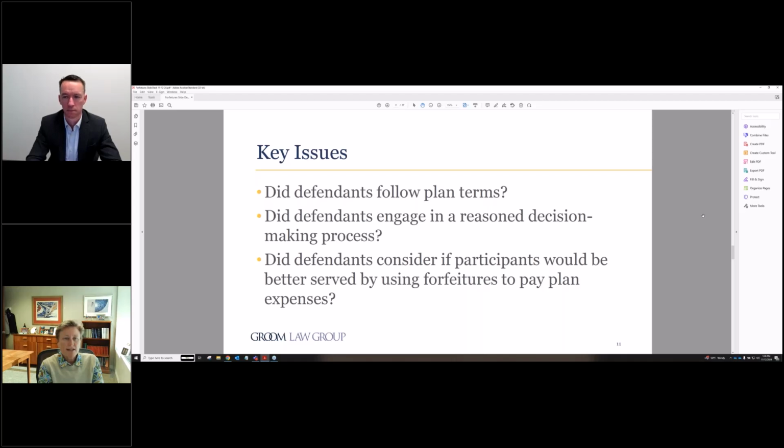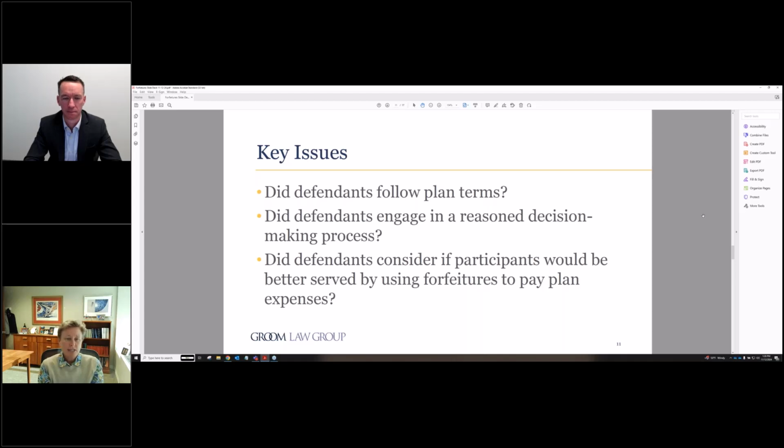It depends on an almost imagined conversation where the plan administrator says to the employer, hey, there's money in the plan that could be used as a legal matter to offset employer contributions, and the plan terms allow that. What would you like to do? And the imaginary conversation back from the plan sponsor is, oh yes, we would like to use this money to offset contributions.